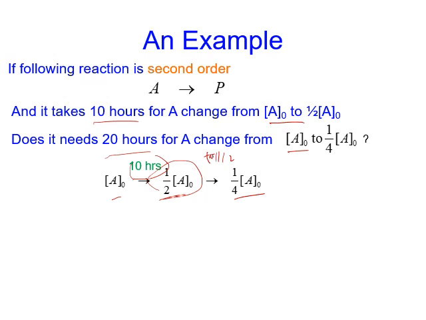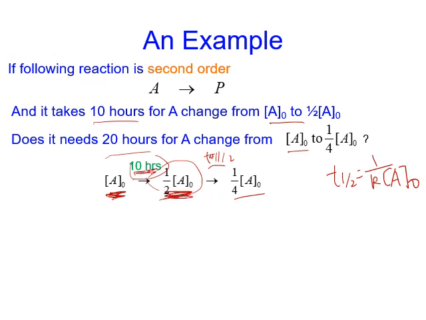If it's a first order reaction, then half-life is independent of initial concentration, so it should be 10 hours. But if it's a second order reaction, we just learned that the half-life is inversely proportional to the initial concentration. So this is the initial concentration, and the half-life is 10 hours.